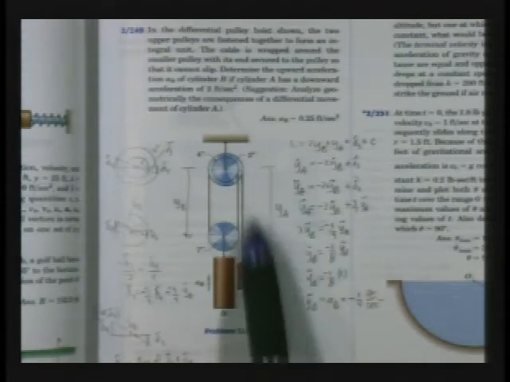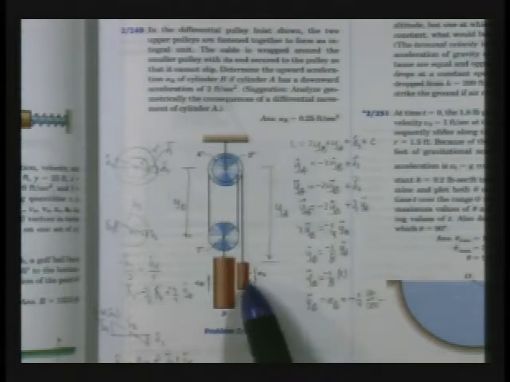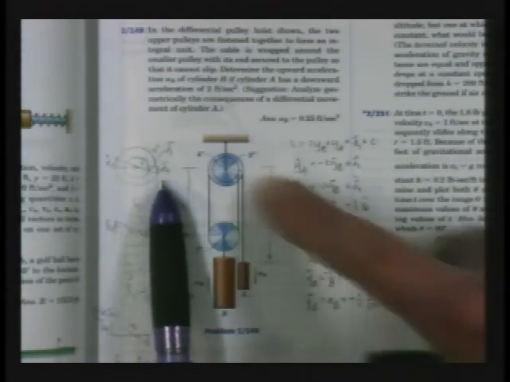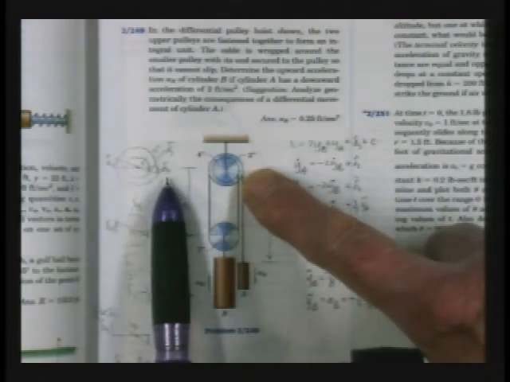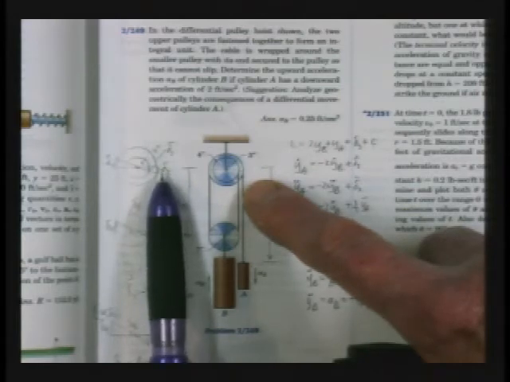Okay. And these are our pulleys up here. So imagine, what did they say? Analyze geometrically the consequences of a differential movement of cylinder A. So imagine a consequence of letting cylinder A here drop down a little bit. If we take the top pulley arrangement and we let it rotate a little bit, dropping this 4-inch radius up here, and that's why I call it delta sub 4, there's a differential displacement downward there.